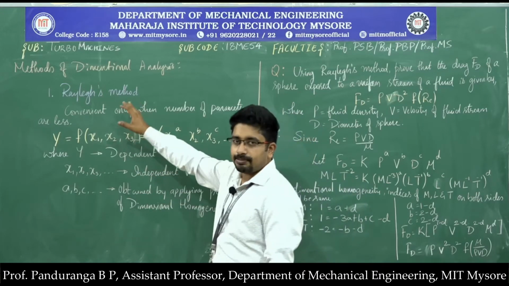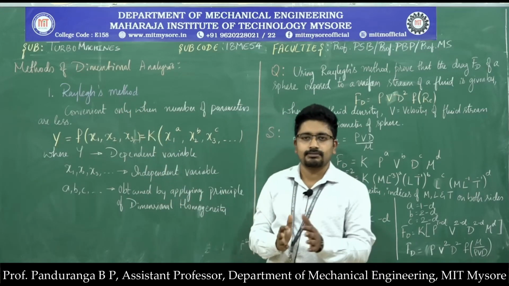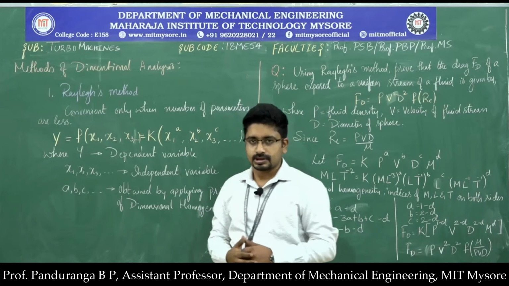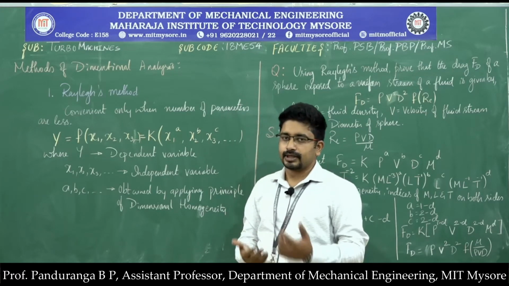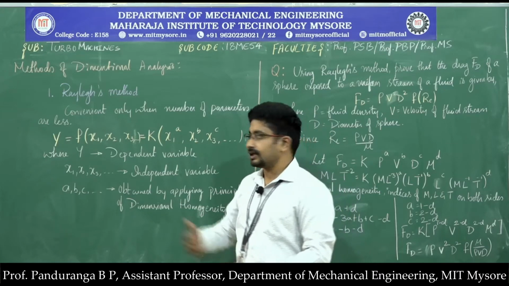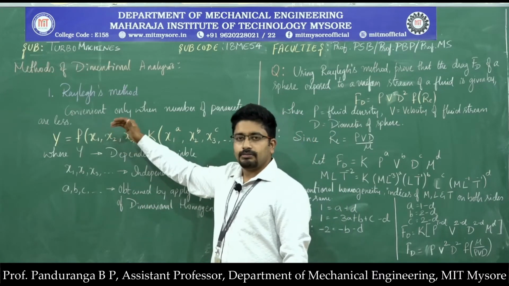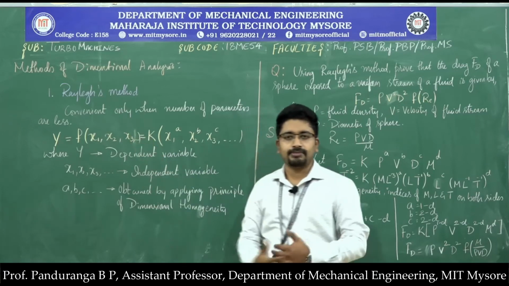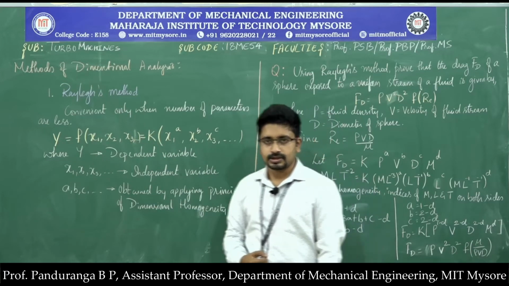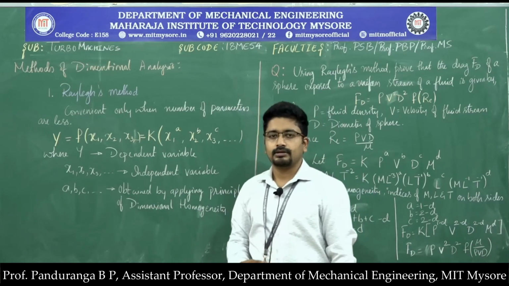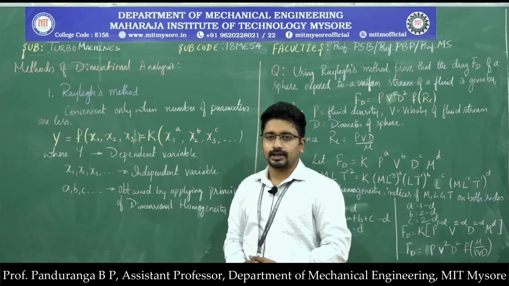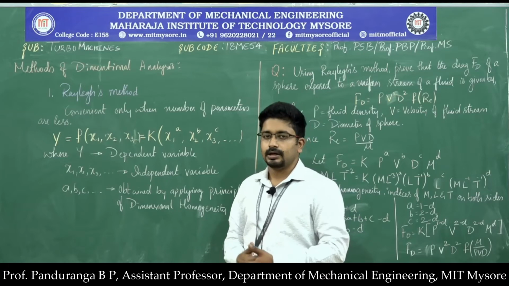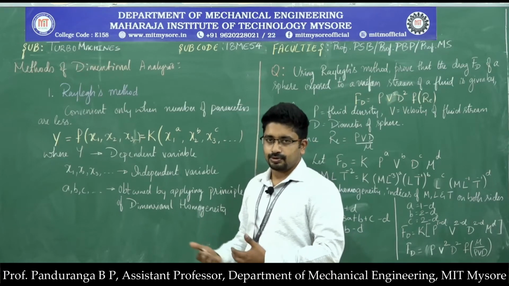It is applicable when you have very few parameters involved in a process, maybe 4 or 5. Then this method can be used to provide a mathematical relation between the parameters, so that we can predict what happens when a parameter changes, or find out a particular property of the process.